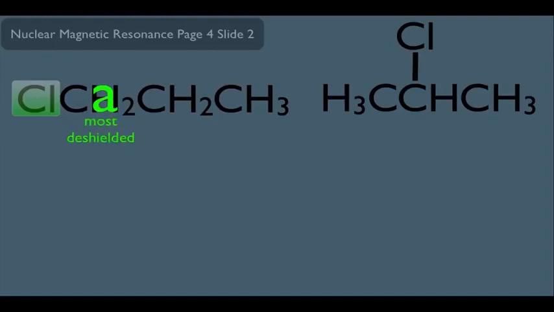Whereas the hydrogens way on the other end over here, let's call them B, these would be the most shielded because they're the furthest away from Cl. And these hydrogens right here in the middle, we'll call them the C hydrogens, they'd be middle of the road. Not as de-shielded as A, and not as shielded as B.